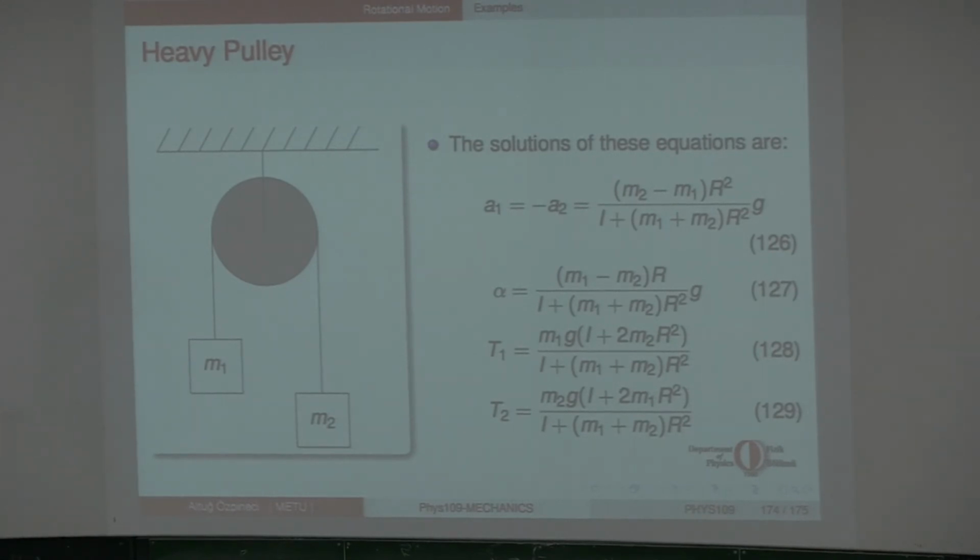So how could we have expected that T1 should be equal to twice M1G? That we could have guessed.